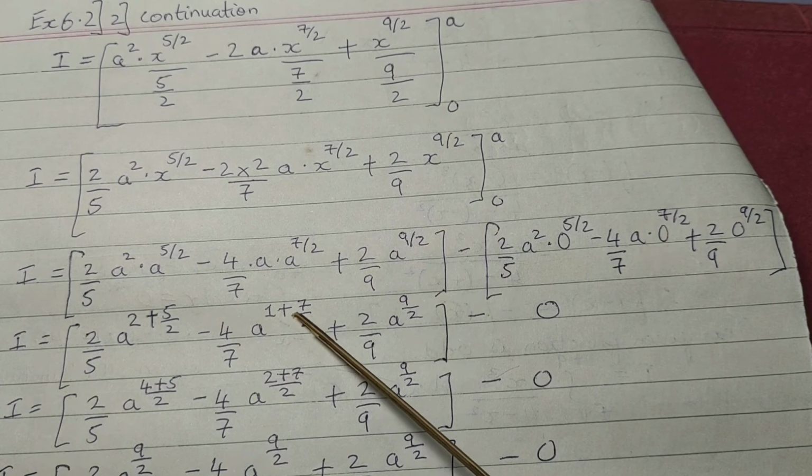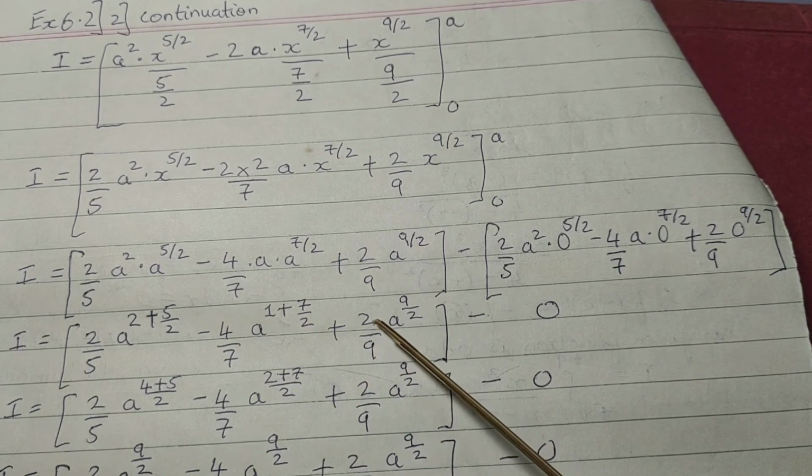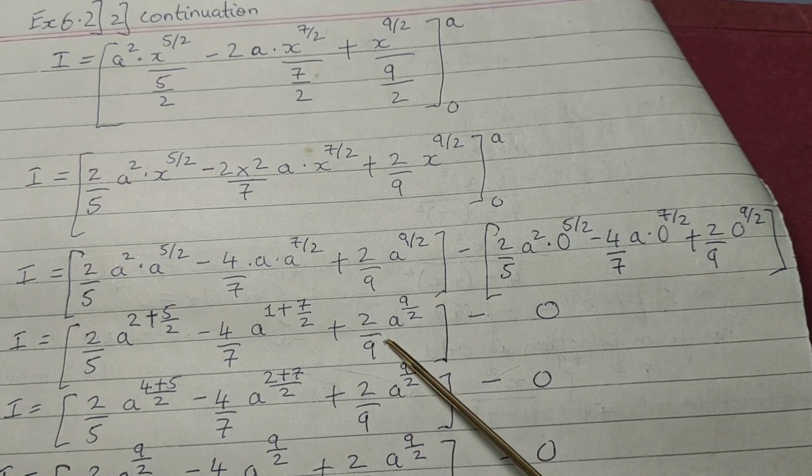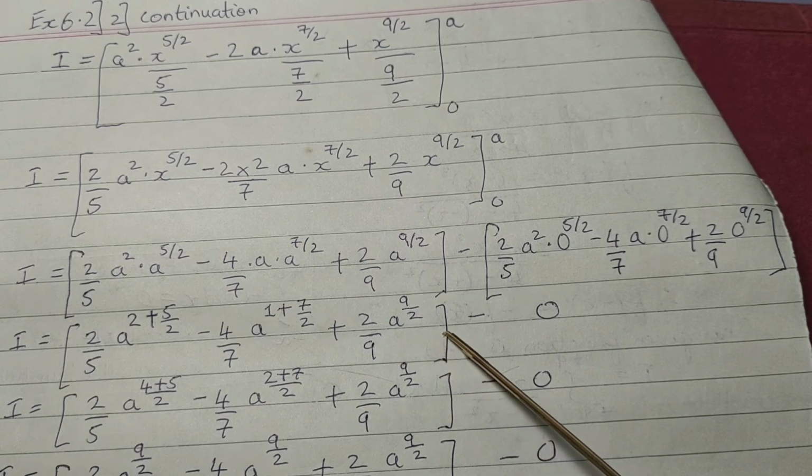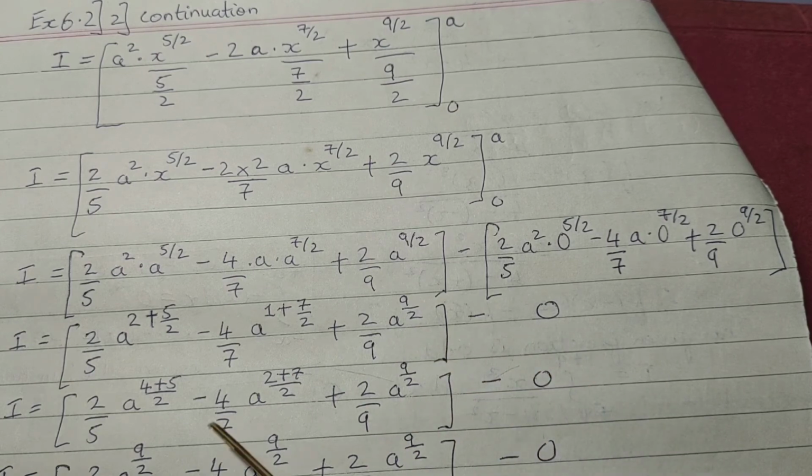You have to add the numerator 2 plus 7 divided by 2, and this term will be brought down as it is. 2 divided by 9 a raised to 9 by 2 minus 0. So this term is 2 by 5 a raised to 4 plus 5 divided by 2 minus 4 by 7 a raised to 2 plus 7 divided by 2 plus 2 divided by 9 a raised to 9 by 2 minus 0.